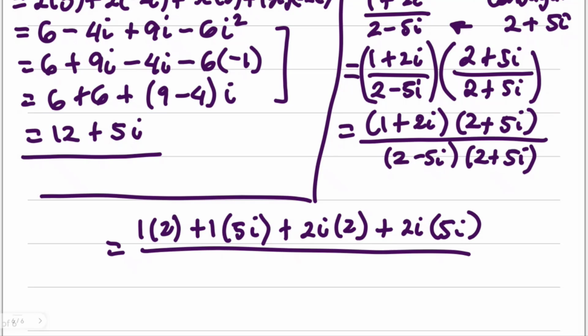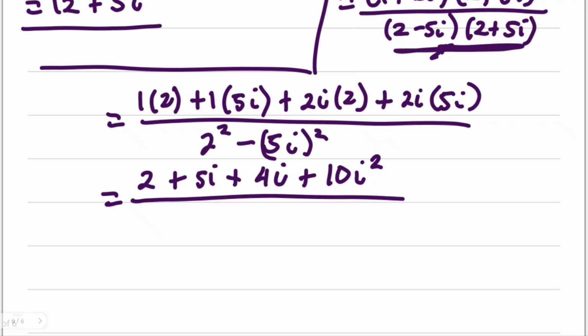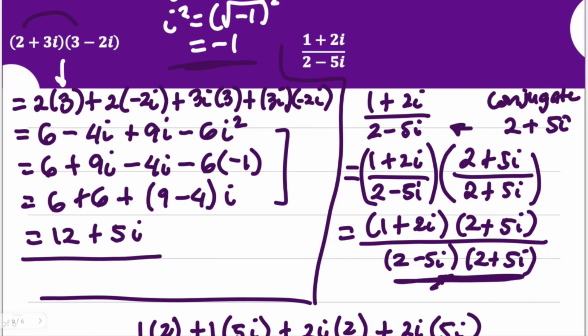On our denominator, it is a difference of two squares: 2 squared minus the square of 5i. Our numerator will have 2 plus 5i plus 4i plus 10i squared, all over 4 minus 25i squared. Again, i squared is negative 1.